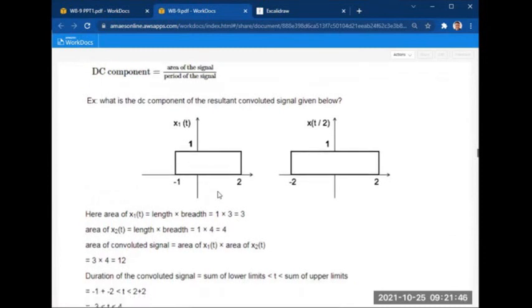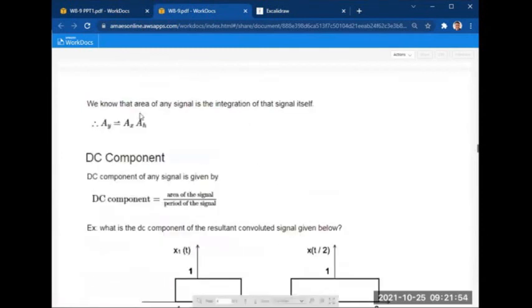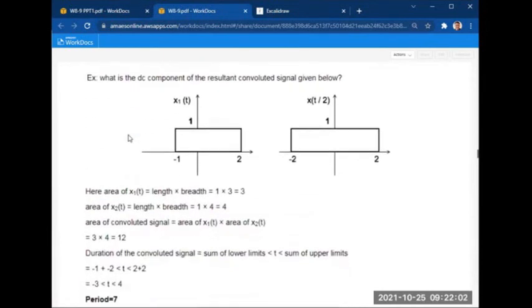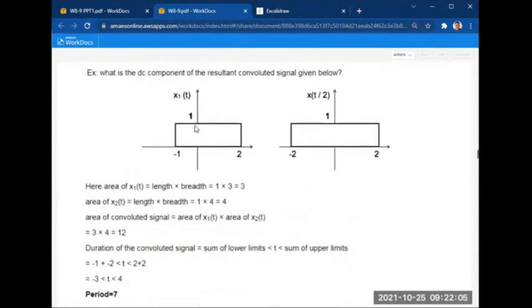Next, we will solve for the area, to solve for the DC component. From the solution earlier, the area of the output is equal to the area of the input signal times the area of the impulse response. Looking at our signals, we have this rectangle. The height is 1, and the length is from -1 to 2, so the area is 3.